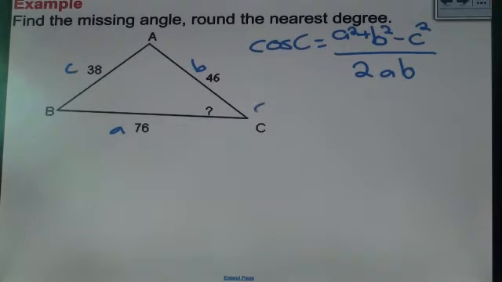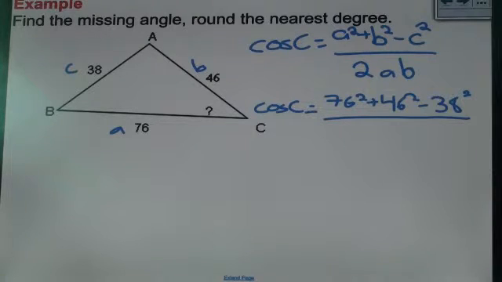Then I get cosine C equal to 76 squared plus 46 squared minus 38 squared, all over 2.